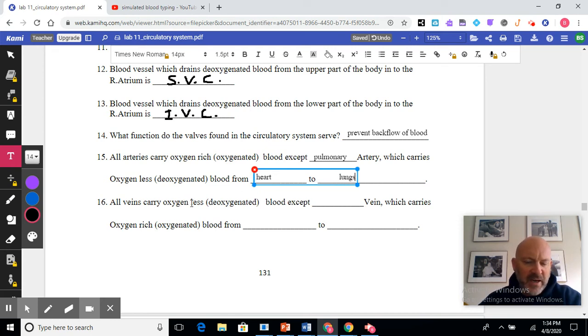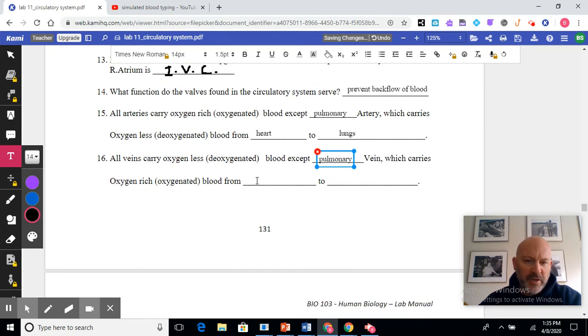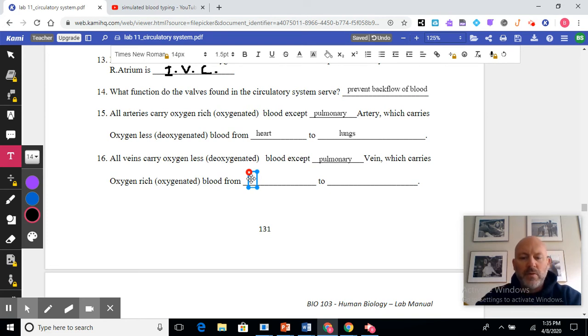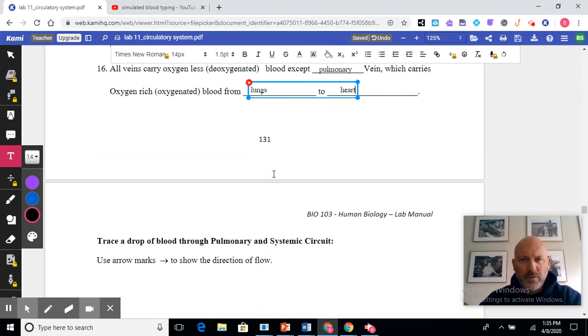All veins carry deoxygenated blood. That's not true, because the exception is the pulmonary vein. Pulmonary vein carries oxygen-rich blood from the lungs back to the heart. Right? Very good.